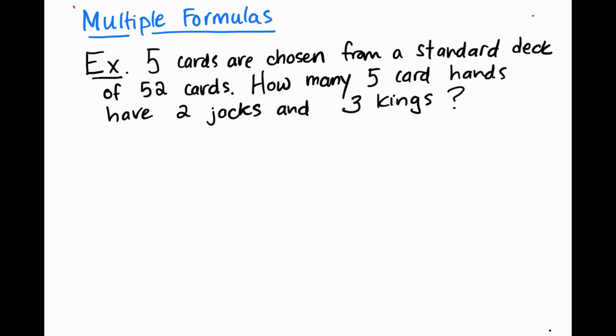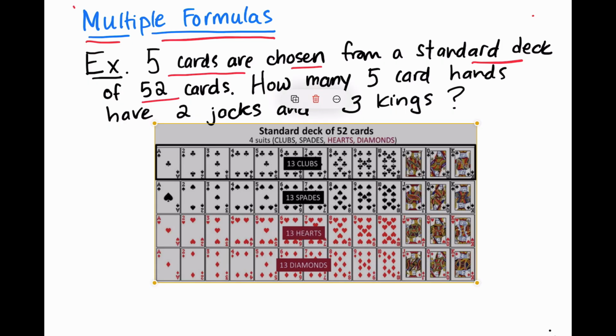So let's do an example where multiple formulas are required. 5 cards are chosen from a standard deck of 52 cards. How many 5-card hands have 2 jacks and 3 kings? Just to remind you, this is what a deck of cards looks like.